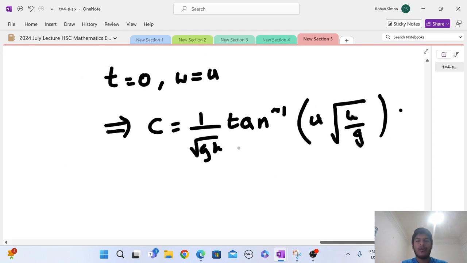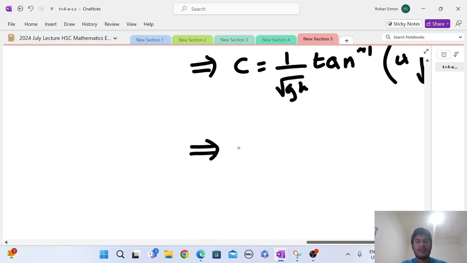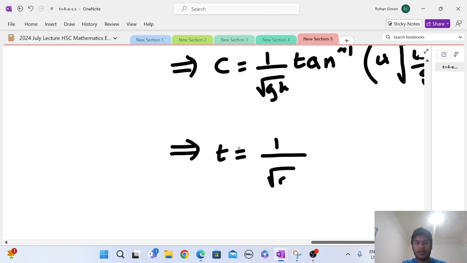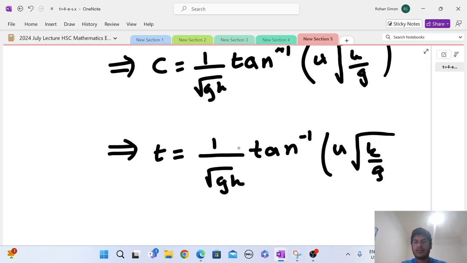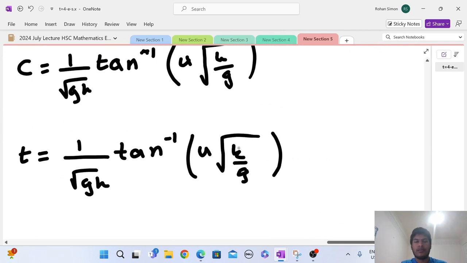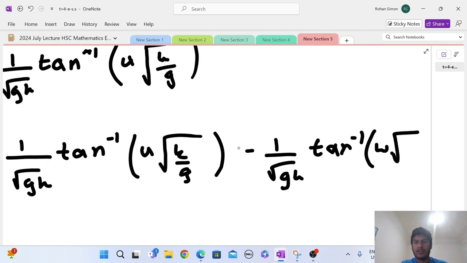And therefore, our new expression becomes t equals 1 on root gk tan inverse u root k on g minus 1 on root gk tan inverse w on root kg.